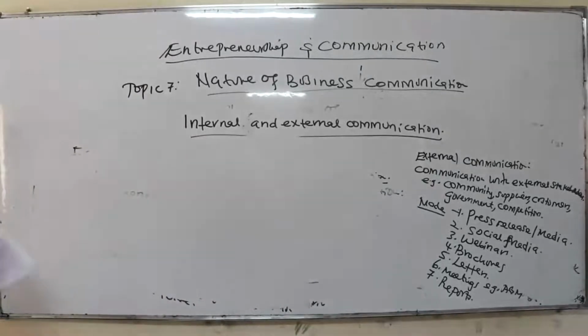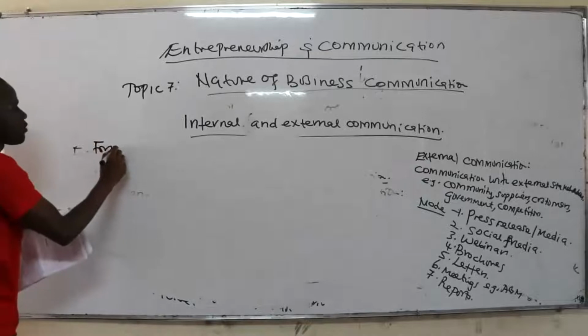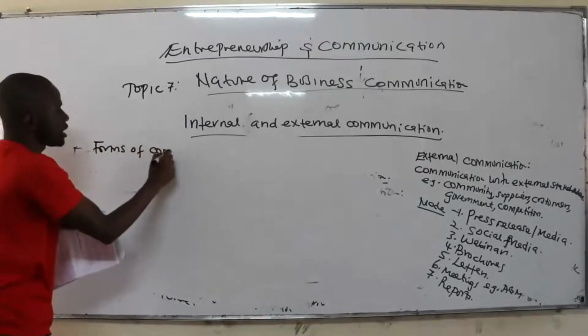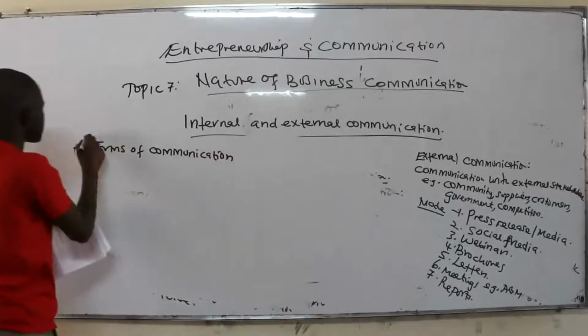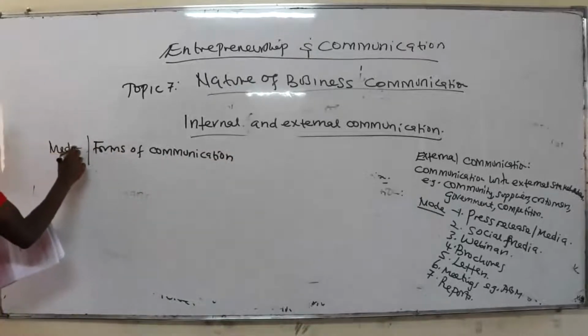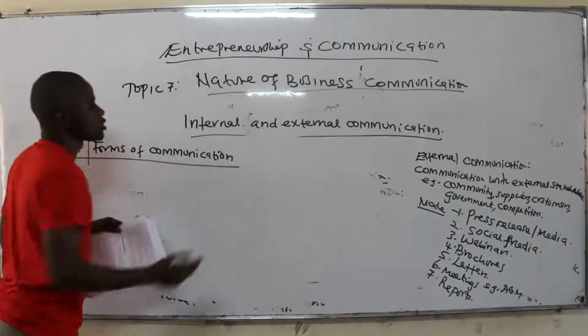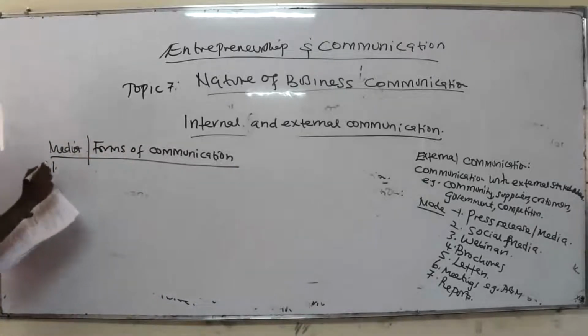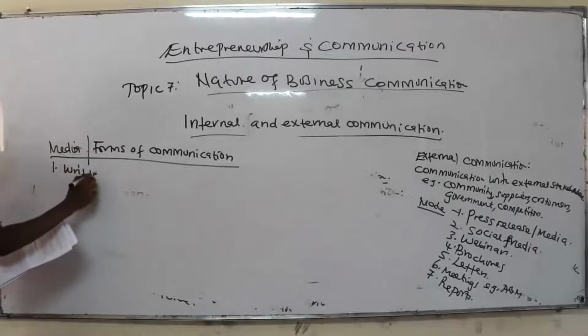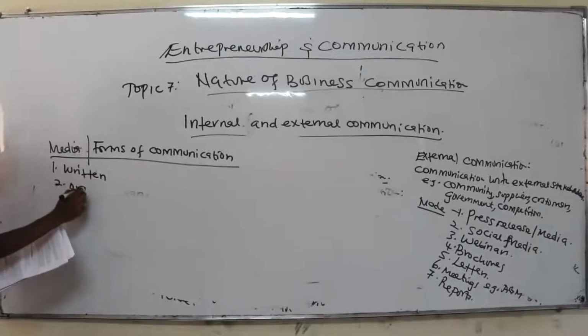Forms of communication, which we can also refer to as media of communication, fall under the following. We have written communication and oral communication, which are the two major forms.